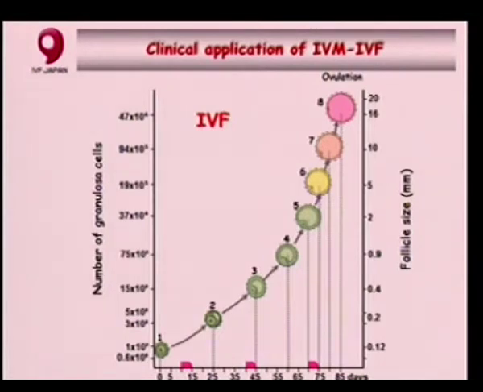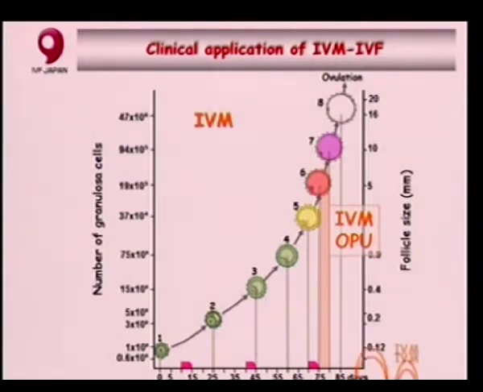For IVF we use the class 8 oocyte, but the retrieval window is very short. For example, if the follicle reaches 18 millimeters, we have to retrieve 2 days later. But for IVM, with class 6 and 7, from the size of the follicle, the retrieval day is pretty wide.